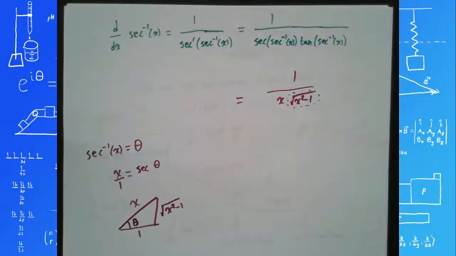Let me think, because secant inverse would have the same range restrictions as cosine inverse, since the two are related, and cosine inverse can only give you values from 0 to pi, which are all positive.